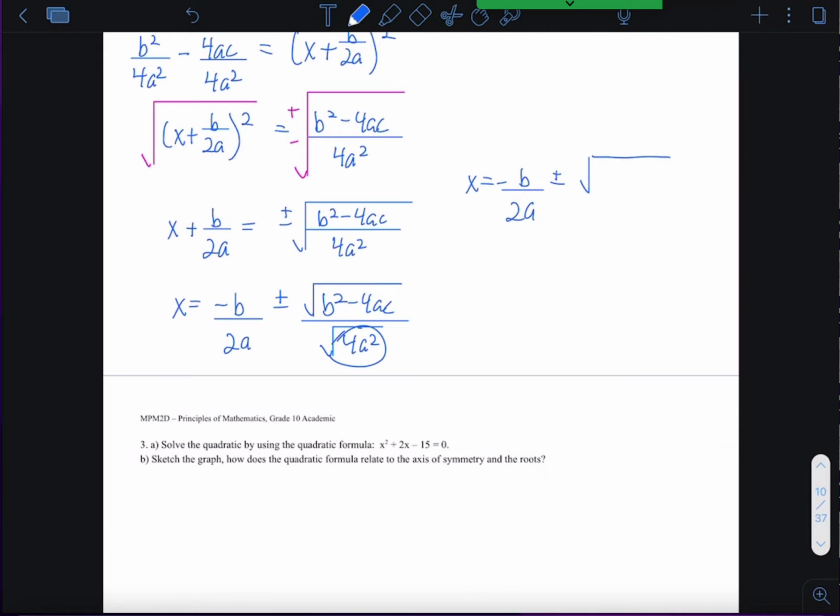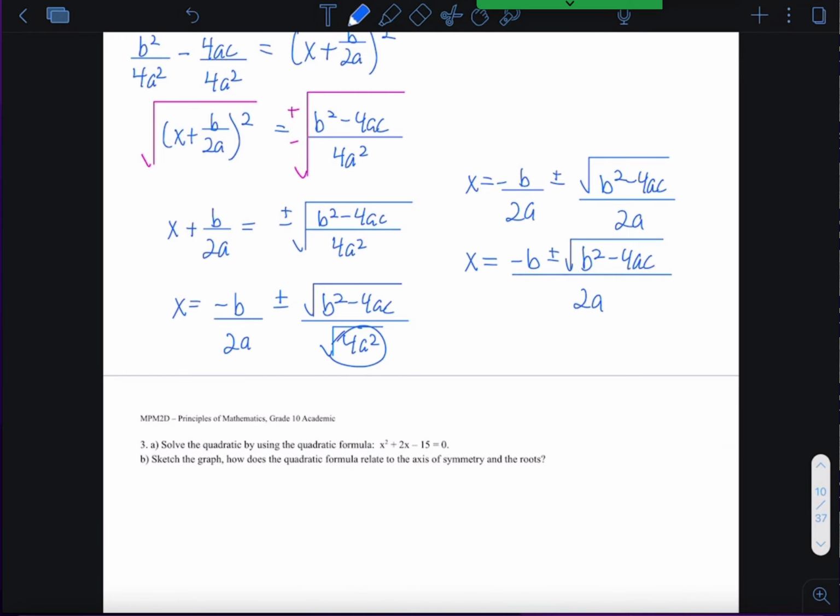Now technically I'm done, but since I have a common denominator between these two terms, what I can do is write the whole formula over 2a.